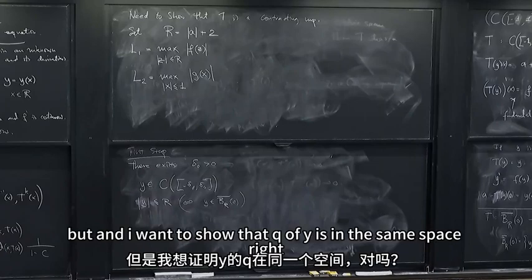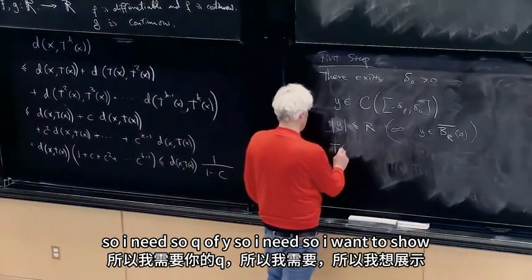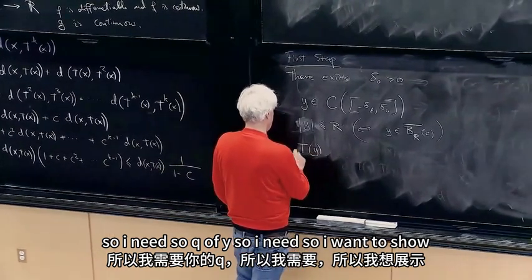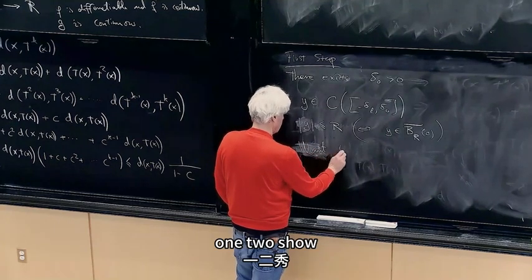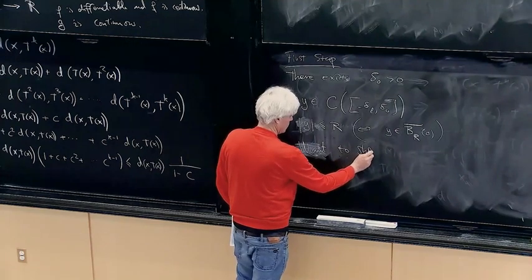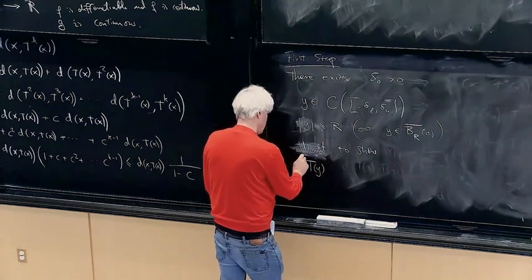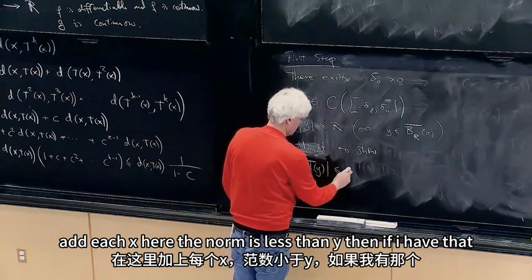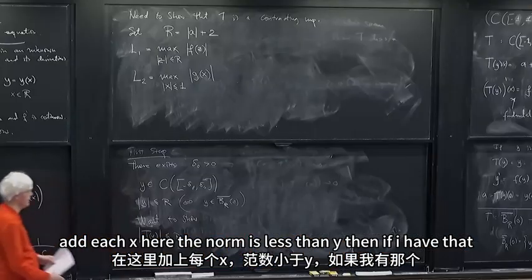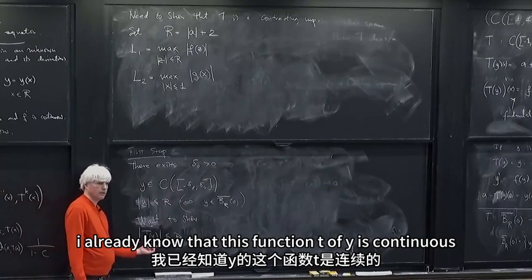Okay, and I want to show that T of y is in the same space, right? So I want to show that T of y at each x here, the norm is less or equal to r. Then if I have that, I already know that this function T of y is continuous.